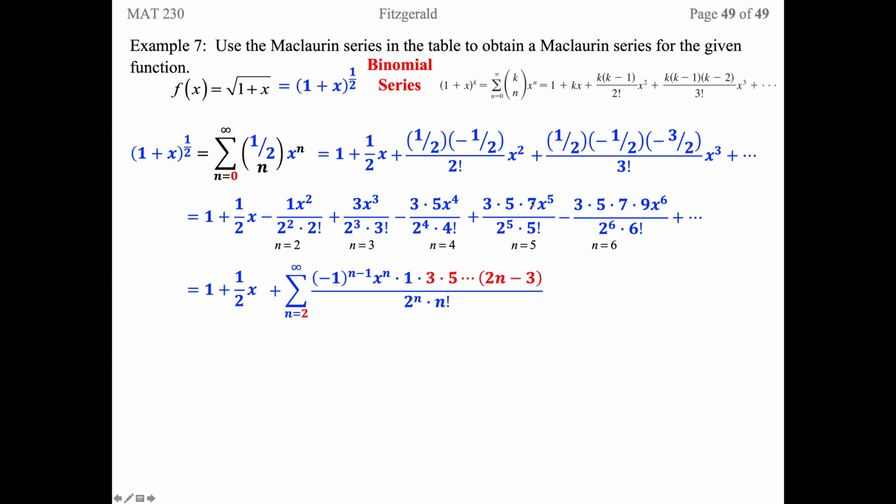When I need a 7, n is 5. 2 times 5 is 10, minus 3 is 7. When I need this 5 right here, 2 times 4 is 8, minus 3 is the 5. When I need this 3, that's 2 times 3 is 6, minus 3 is 3. So here's going to be my pattern for my odd numbers.